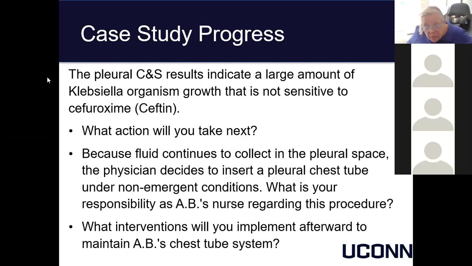It's not until you hook it up to the suction that you start to close that system so that you can suck the extra air or fluid out and re-expand the lung. By putting that end of the chest tube into a water seal, it creates a one-way valve so that it only comes out with the suction and can't be sucked back in. Does that help, Linda? Yes, very much.